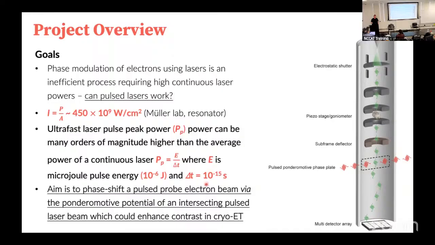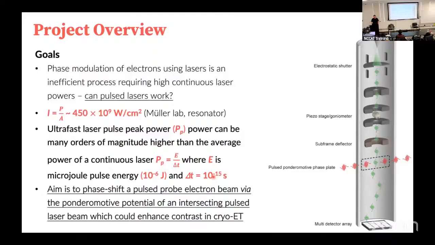Then if you package that into a very, very small time window, remember, your number that you're trying to get to is 10 to the 9. So if you have a microjoule pulse, 10 to the minus 6, which is the energy, and you package that into 10 to the minus 15, which is a femtosecond, 10 to the minus 6 divided by 10 to the minus 15 is 10 to the 9. So now you are at that gigawatt type power.